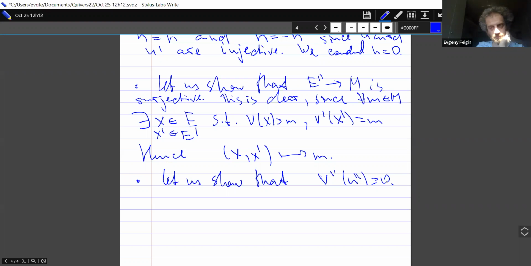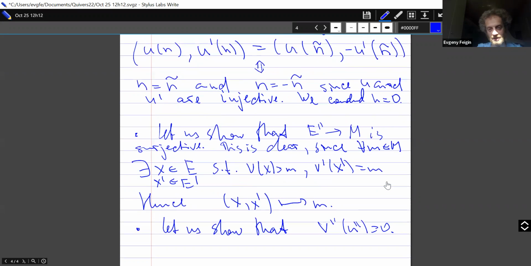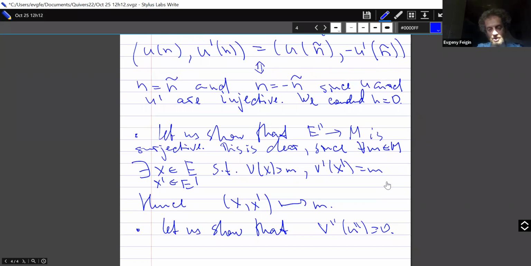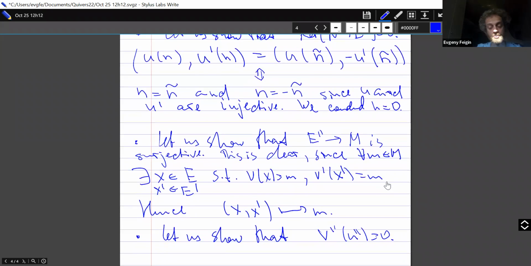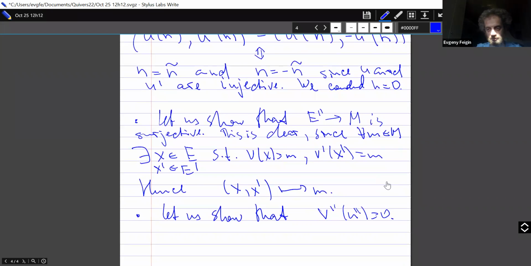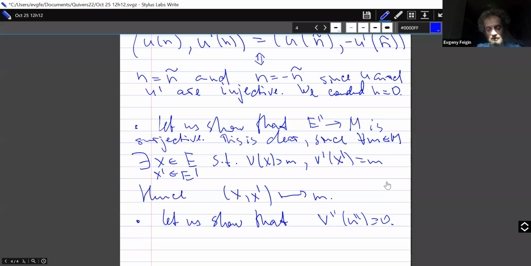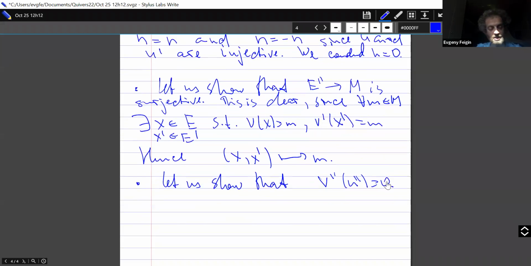We take the composition of two maps. We actually want to know a bit more, but this statement says that the image of U double prime is contained in the kernel of V double prime. So this is a half of the exactness, but this is an easier half.